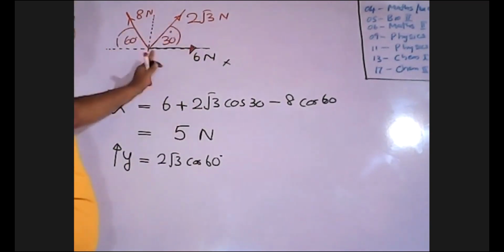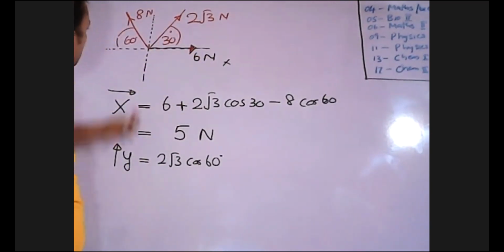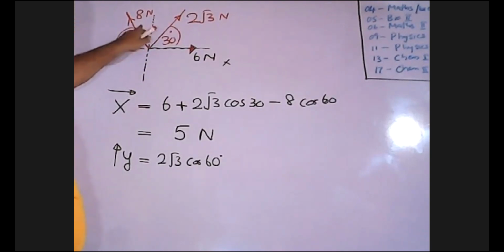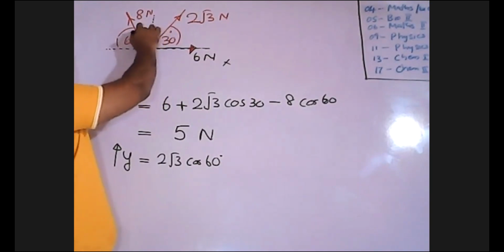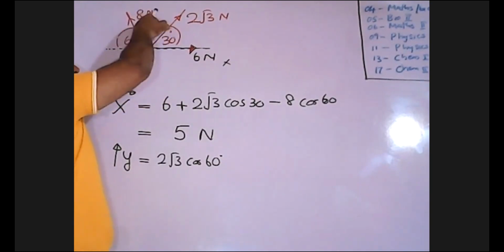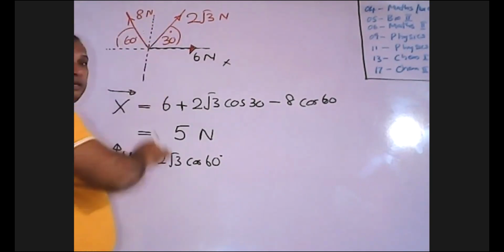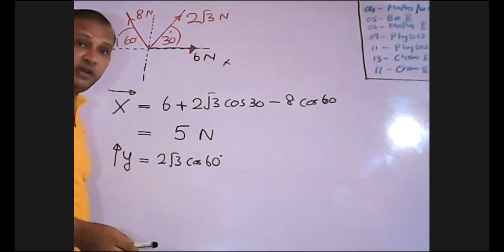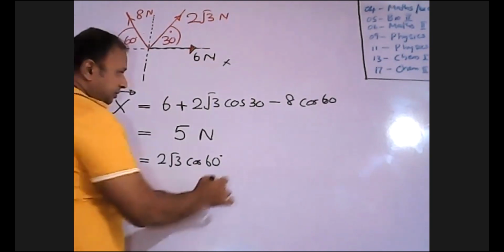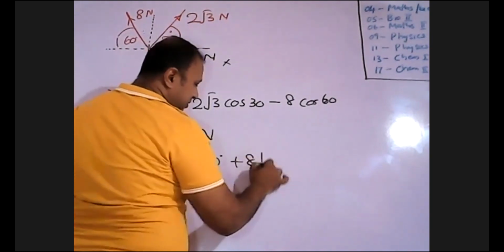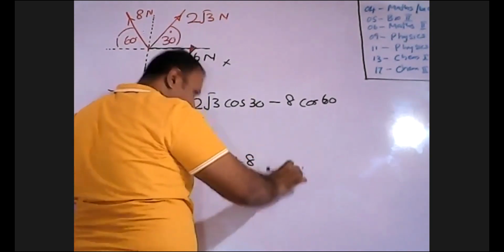It is in the upward direction, therefore it is positive. Then 8 cos 30. This angle is 30, no? If I resolve this in the y direction, it is in the upward way, therefore it is positive. And the angle is 30. That means plus 8 cos 30.